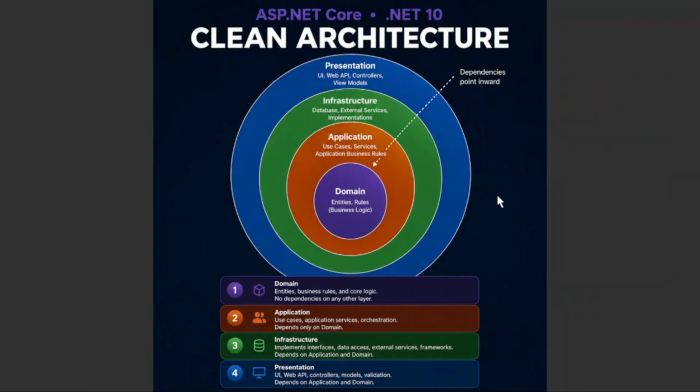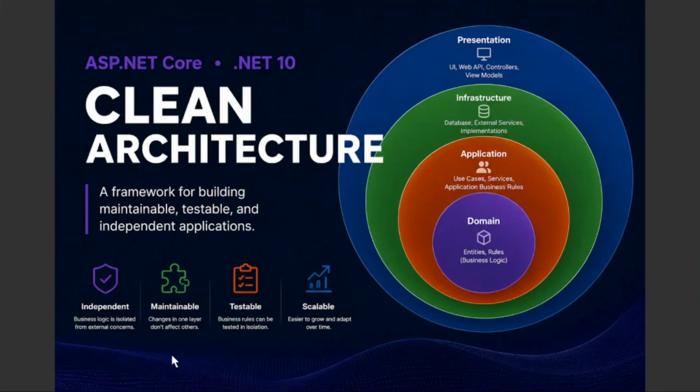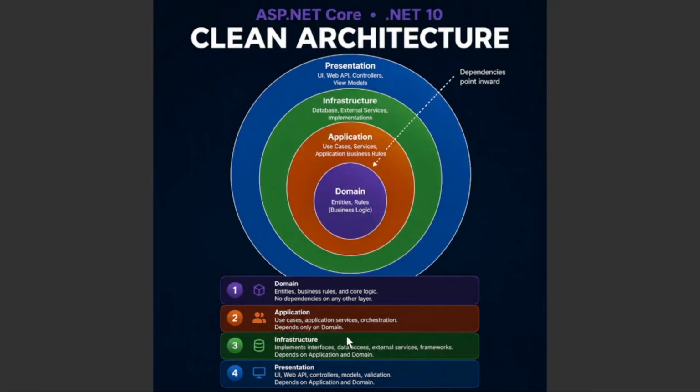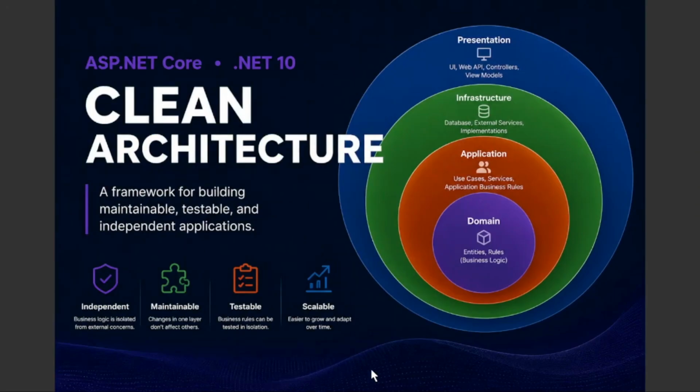What are the benefits of clean architecture? Benefit one: if SQL Server is changed to Postgres, nothing will break. Business logic stays untouched. If you replace REST API with GraphQL, business logic stays untouched. If you move from MVC to Blazor, business logic stays untouched.